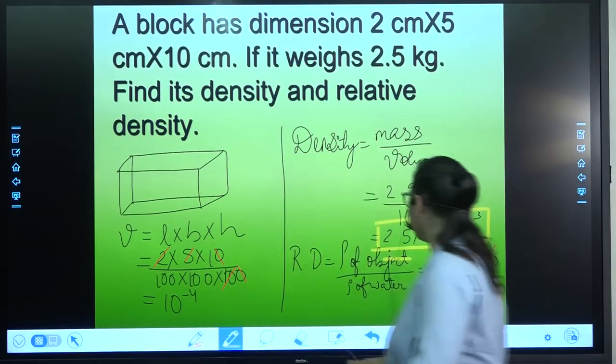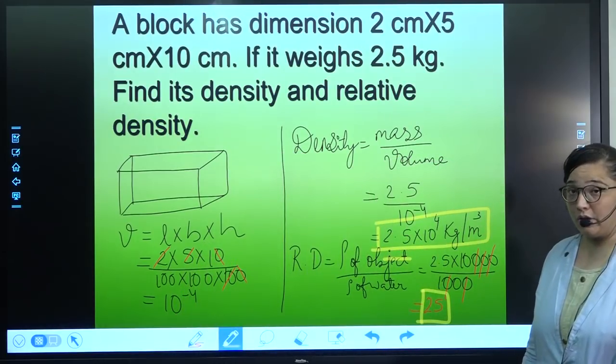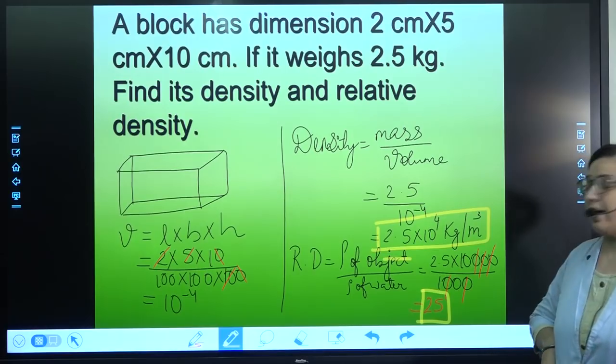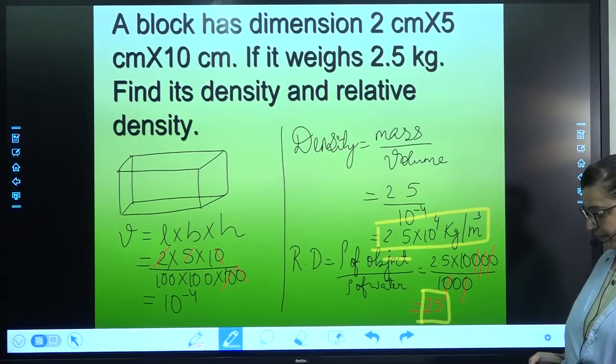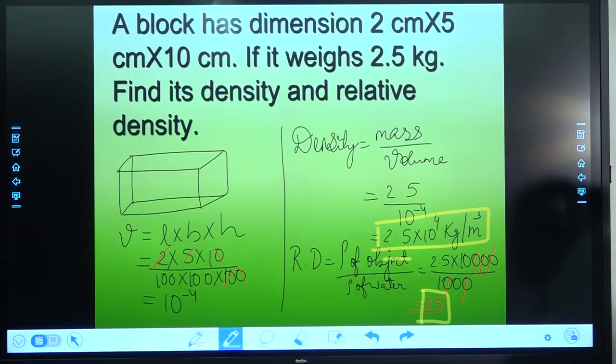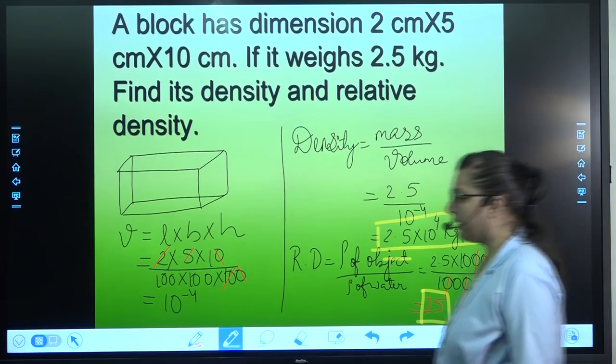Alright. So note down this content quickly, then we will move further. Be quick in noting.